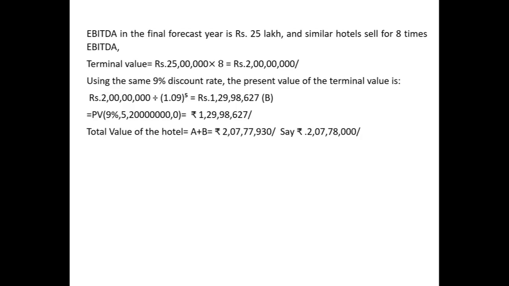Add both the present value of all the future cash flows and the present value of terminal value, that will give you the total value, that is 2 crore 7,77,930, approximately 2 crore 7,78,000.